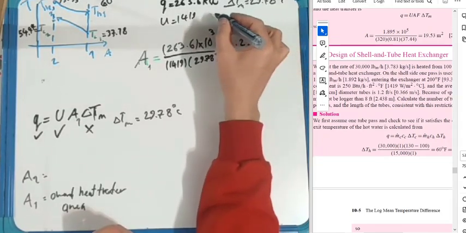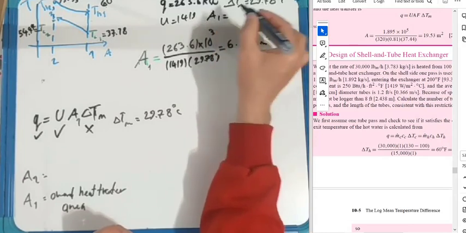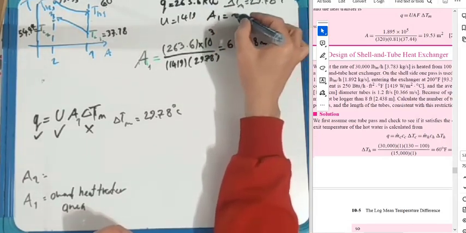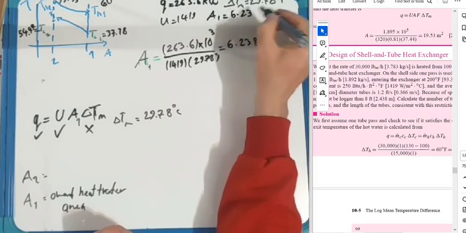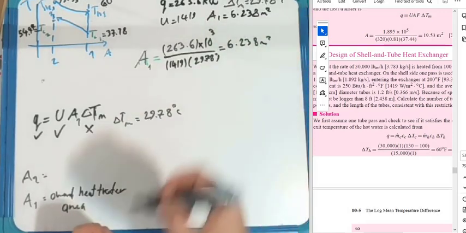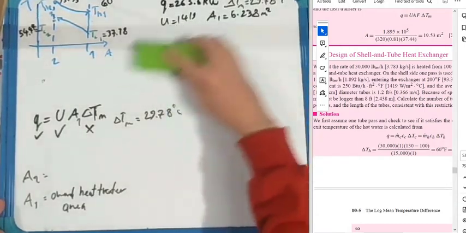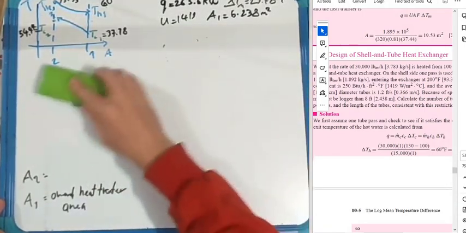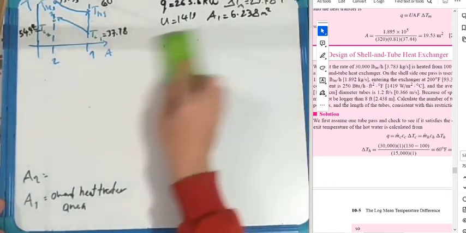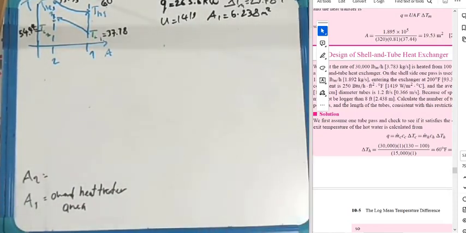Then I should write it here: overall heat transfer area 6.238 meters square. I don't need these formulas anymore, so let us erase that one.